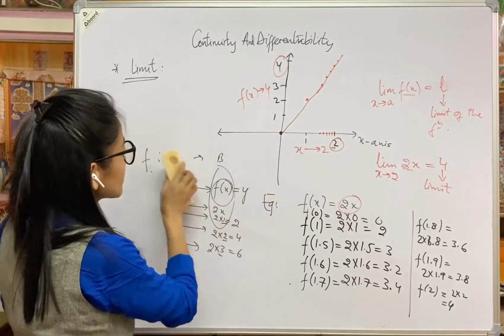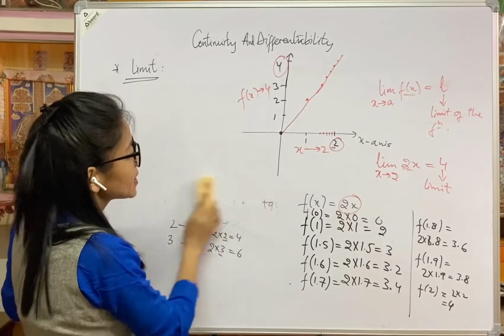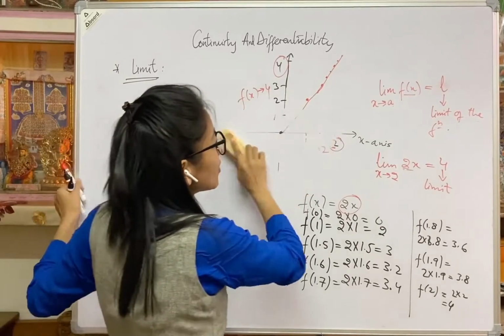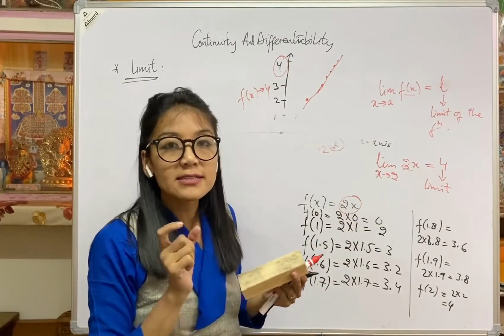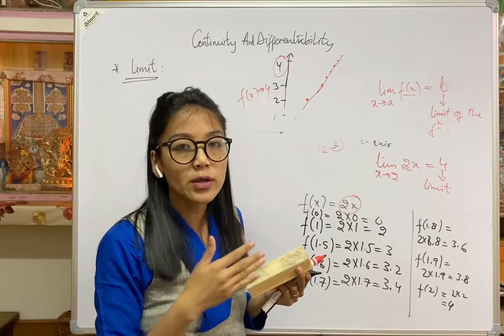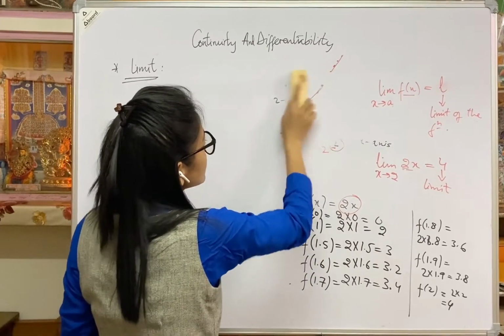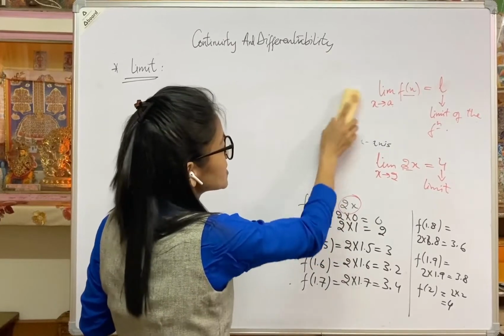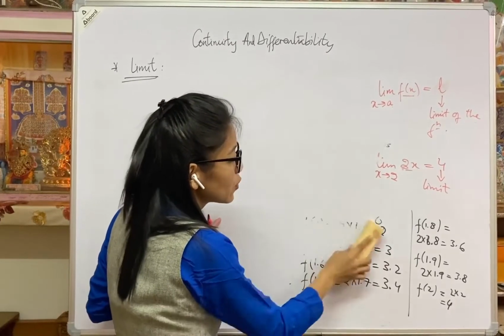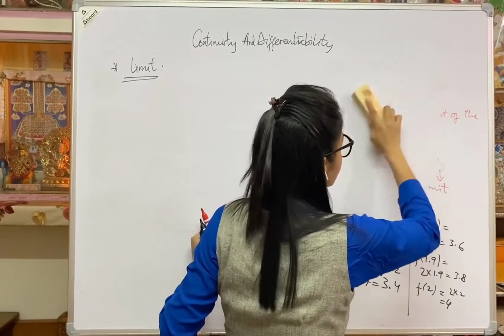Okay, now after defining limit, if you remember, you might have checked the existence of limit. Then the next topic on limit is existence of limit. So these were all done in class 11. Now since we need all these concepts in this chapter, I'm revising it.